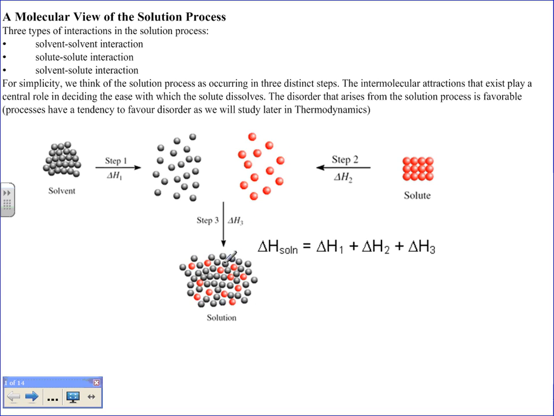This is called entropy. So the solvent particles are relatively organized. The solute particles are relatively organized. But when we have a solution, we have much more disorder. Disorder is related to the possibilities of organization. So there's much more options for how this solution is organized.